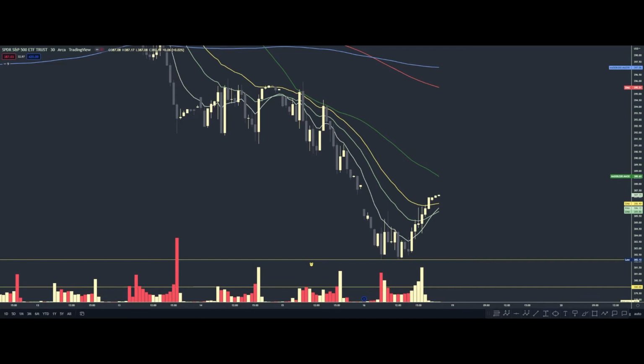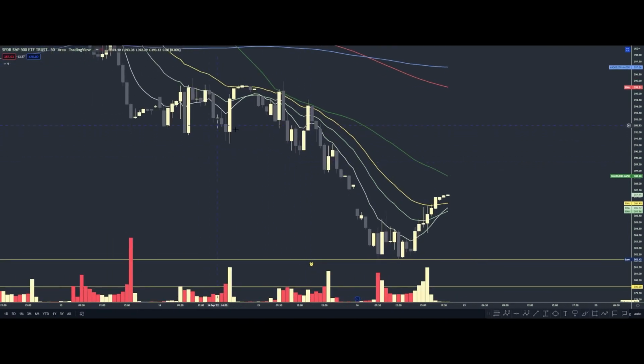Sometimes it creates an impulsive move, like we see here on SPY at 3:30, I believe, on the 14th. A pretty impulsive move which creates a zone, and sometimes like here, this zone is a little bit smaller. This reversal, I'm sure, has created a zone.